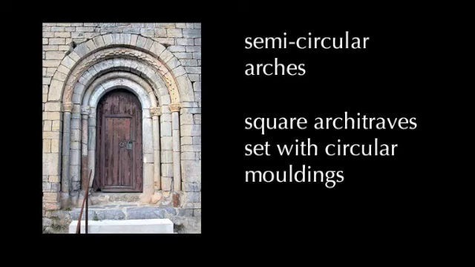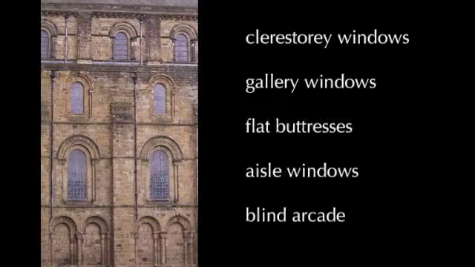They're either square or circular, not elaborate as they were to become during the Gothic period, and as they had been in the ancient Roman period. Large buildings were in 3 stages: the aisles, gallery, and clerestory. Walls were thick and solid, and the buttresses were flat.